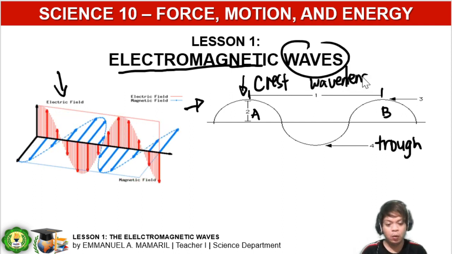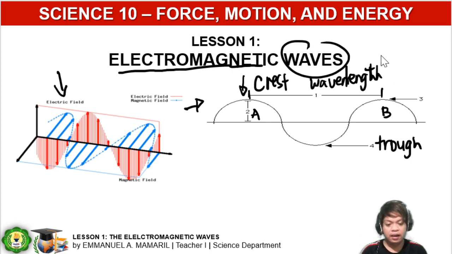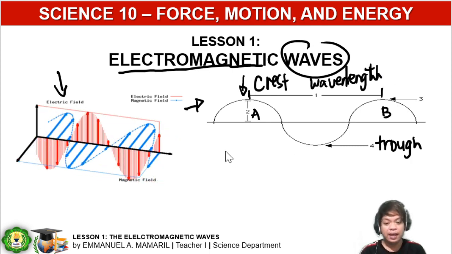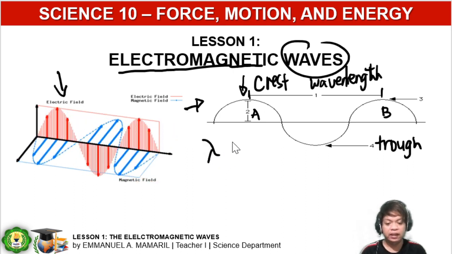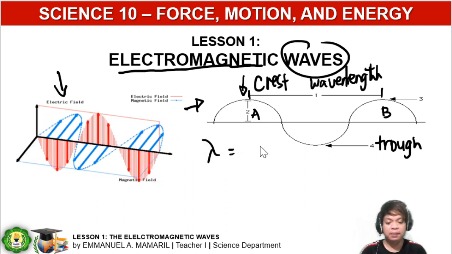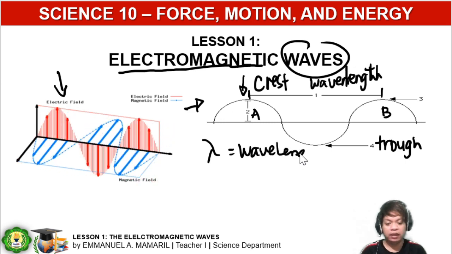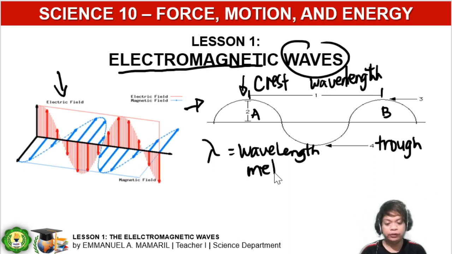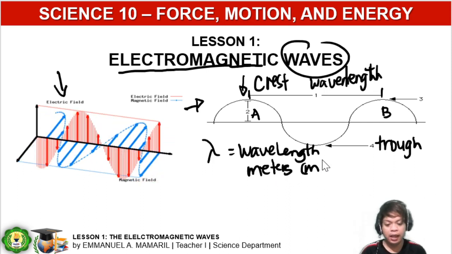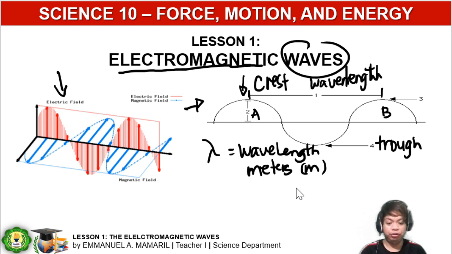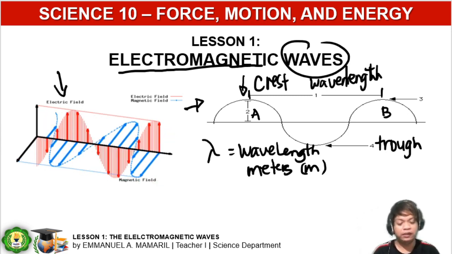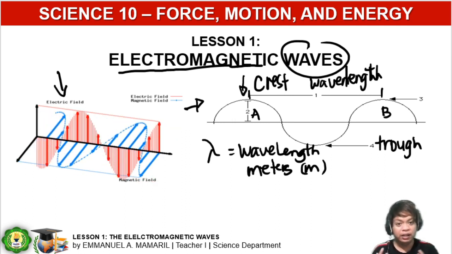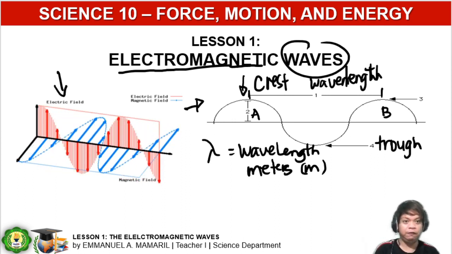Wavelength. Now, wavelength, guys, is symbolized by a Greek letter known as lambda. So lambda is the symbol for wavelength. Usually, it is measured in meters or simply m. So we measure ilang metro ba yung layo ng isang crest to another crest, or it could also be the distance between one trough to another trough.